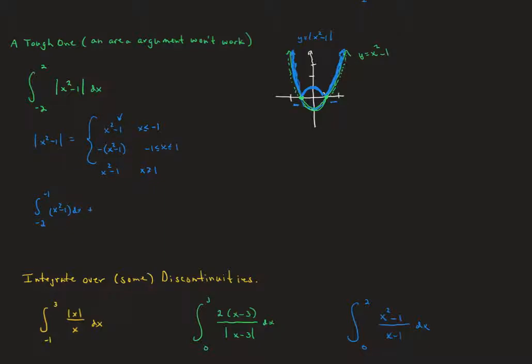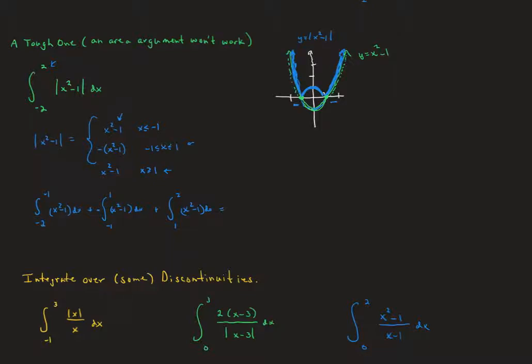Plus the next part of the integral, when we go from -1 to 1, now we're looking at this piece here, we're going to evaluate, shall we call that a negative x squared minus 1 dx? And then once we get past 1, now we're to this region, and we're going to go 1 to our upper limit 2 of x squared minus 1 dx once more.